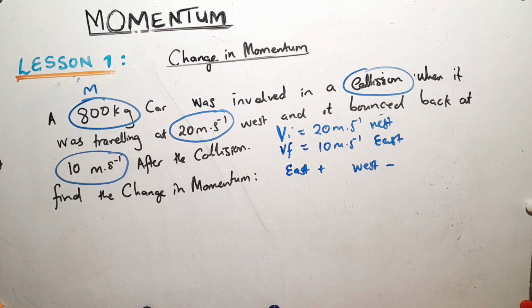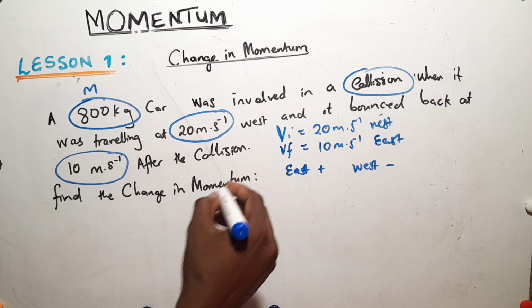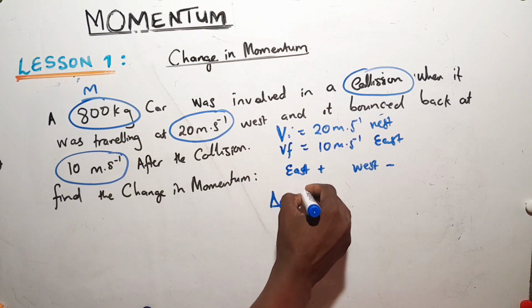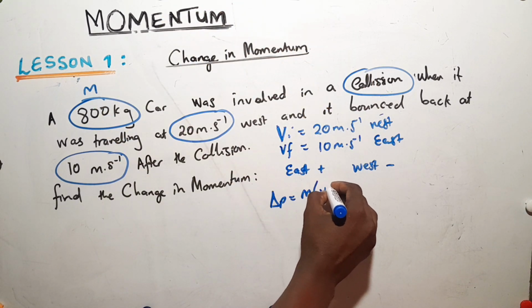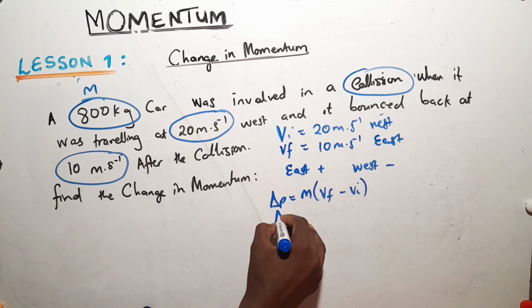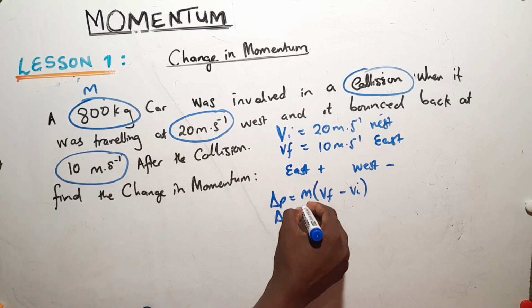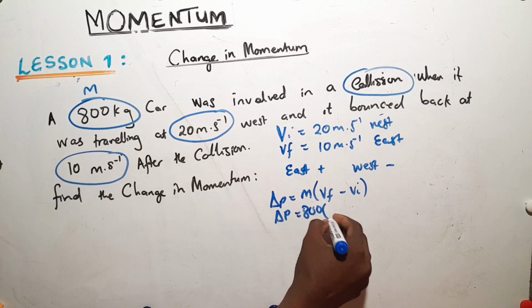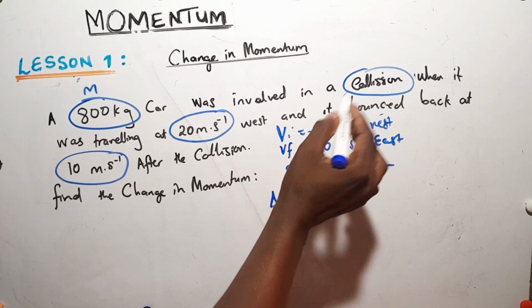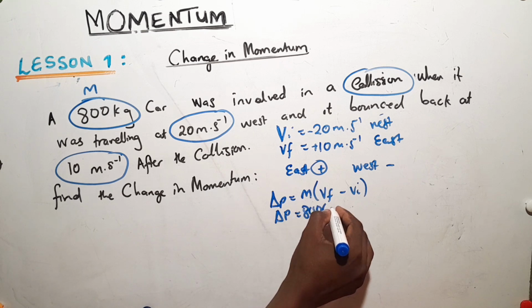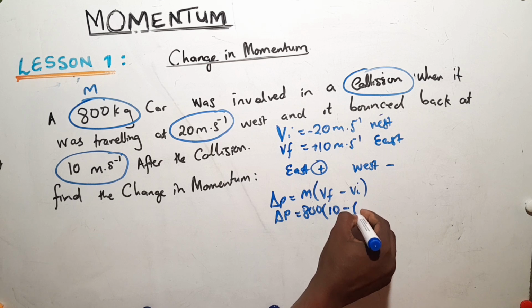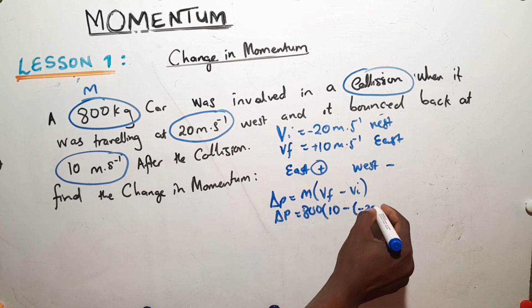Now to calculate the change in momentum, you can use one of those formulas the way that you want. In this case, I used this one, with minus V initial. So my change in momentum will become my mass being 800 kg. Since I said east is positive, this becomes positive and that becomes negative. So my V final is 10, which is positive, minus the negative 20.